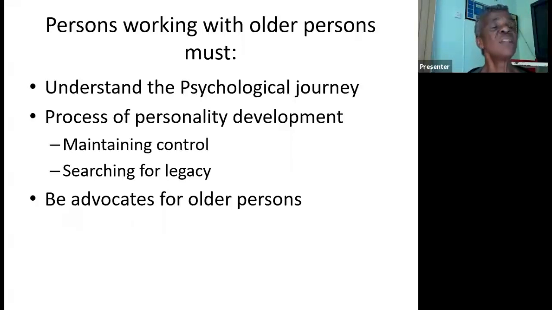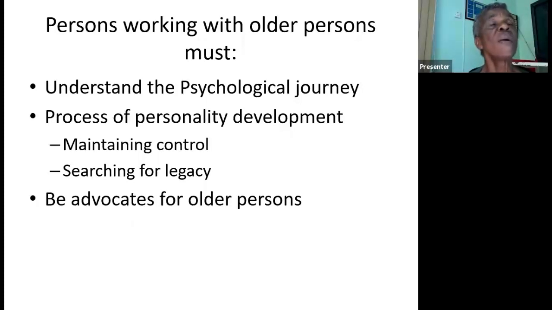We have to understand the whole issue of personality development. Issues relating to maintaining control, searching for legacy are two issues that I'm going to raise in this session. And we, persons working with older persons, will need to understand what it is that is happening with them psychologically, physically, and otherwise.